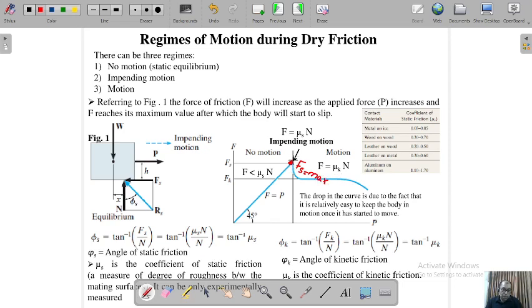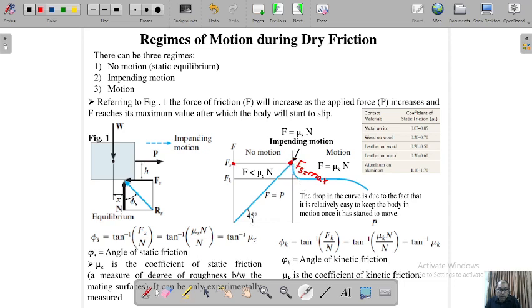And just before this point was of no motion. This is Fs. Once you move from this point, you see that the value of the friction starts to decrease.